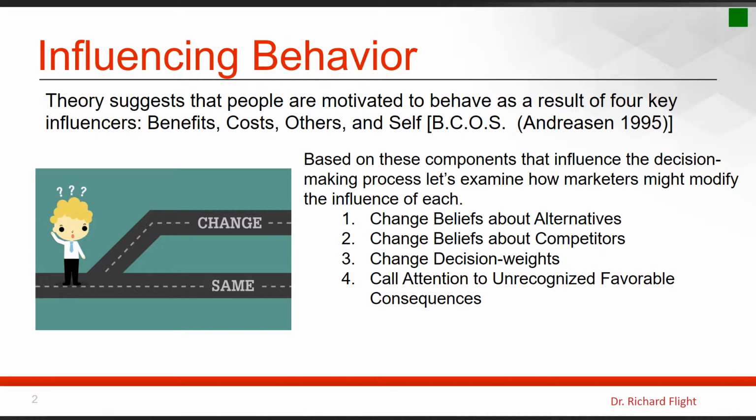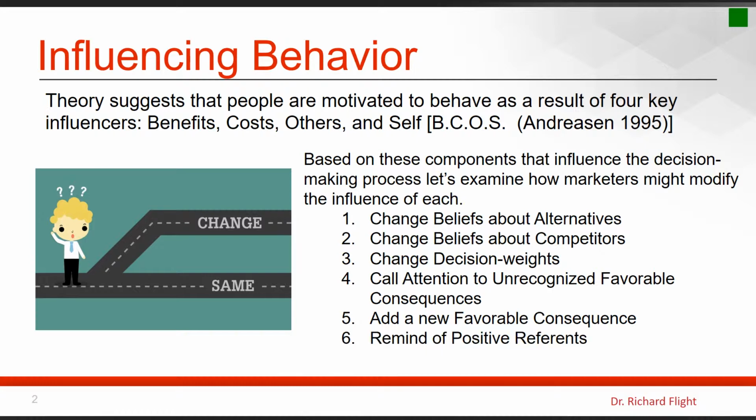We can communicate to the consumer or the client pros and cons for each offer that they have. So we have an offer to satisfy a need, but the competitors do too, and we might be able to build upon maybe some negatives of other offers. We could also build upon positives of the offer that we make. We can tap into the others element of the BCOS model and remind consumers and our clients of the positive effects that referral groups have.